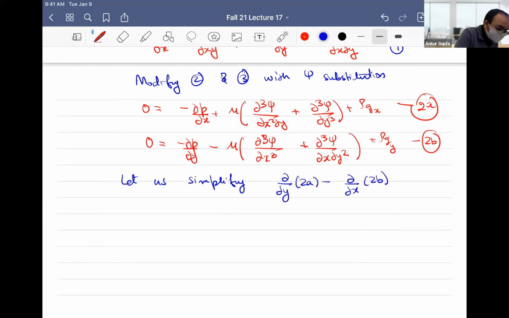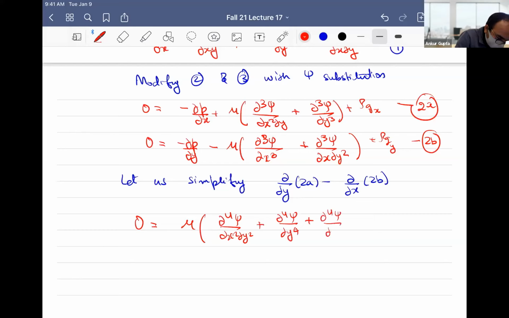And what you will see is the pressure term goes away because del square p by del x del y will get cancelled. And what you will get is mu times del 4 psi by del x square del y square plus del 4 psi by del y4, and then you will have another one, del 4 psi by del x4 plus del 4 psi by del x square del y square, is equal to 0.